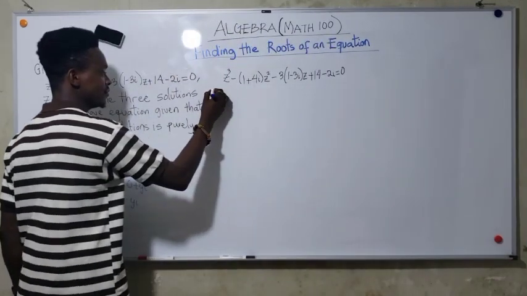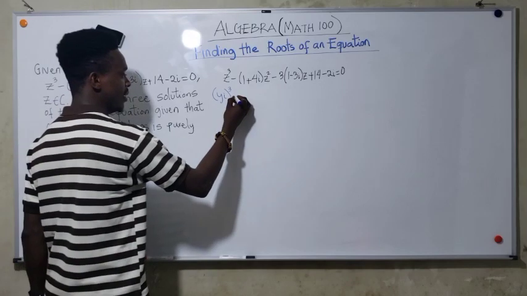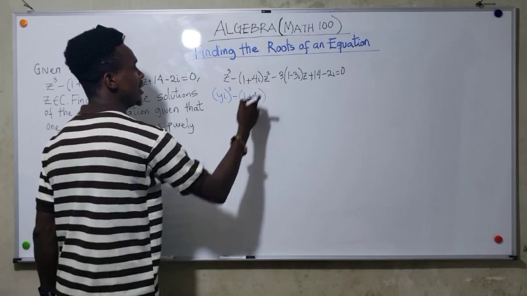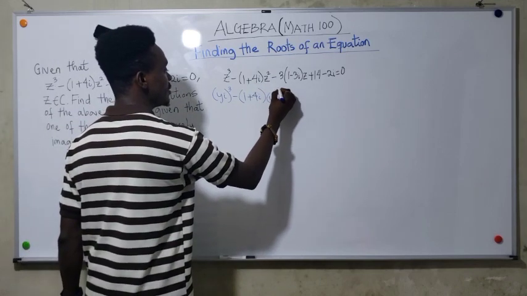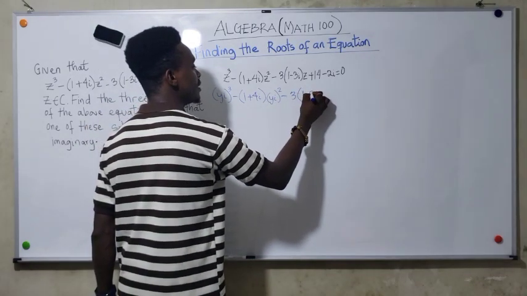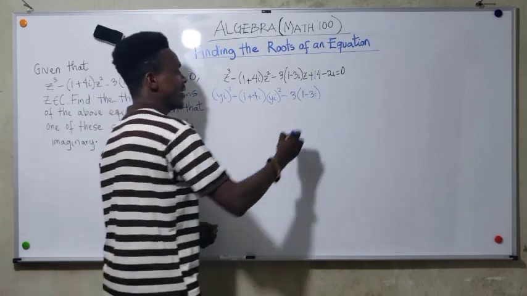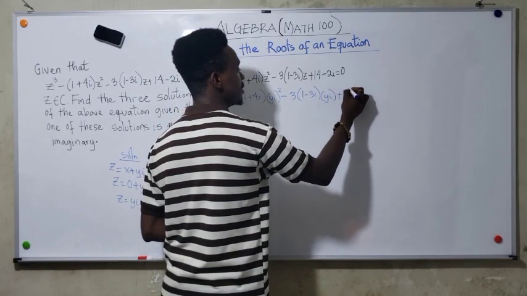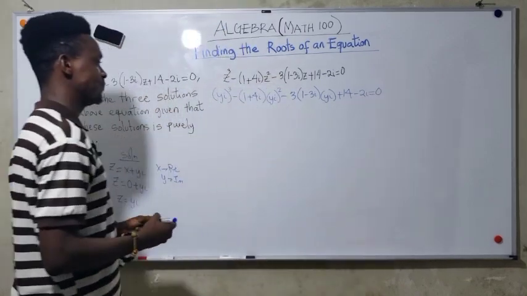We will have (yi) raised to the third power, minus (1 plus 4i) times (yi) raised to the second power, minus 3(1 minus 3i) times yi, plus 14 minus 2i is equal to 0.